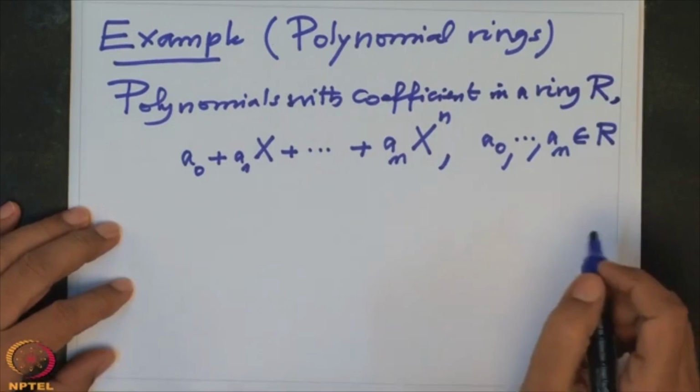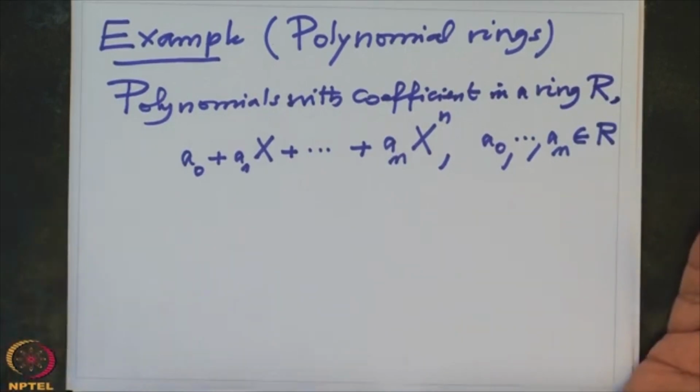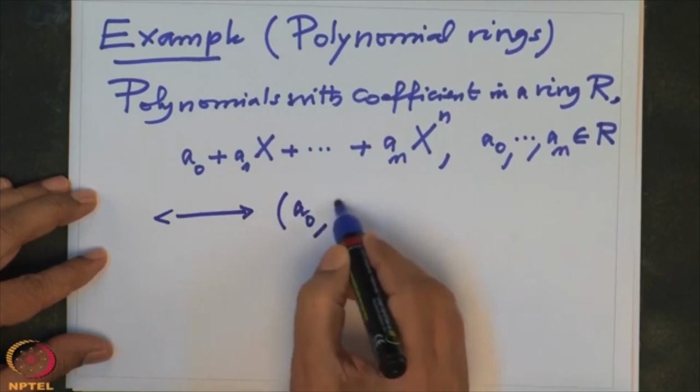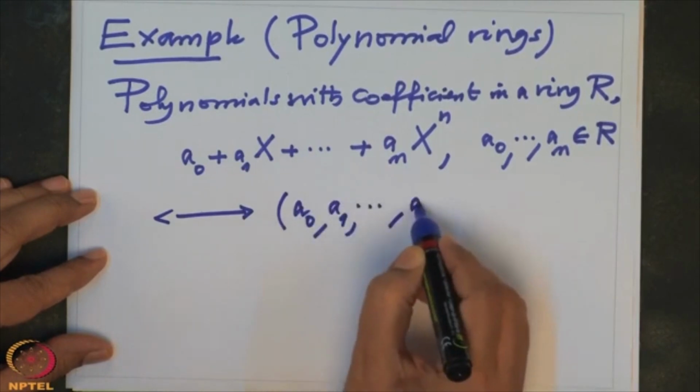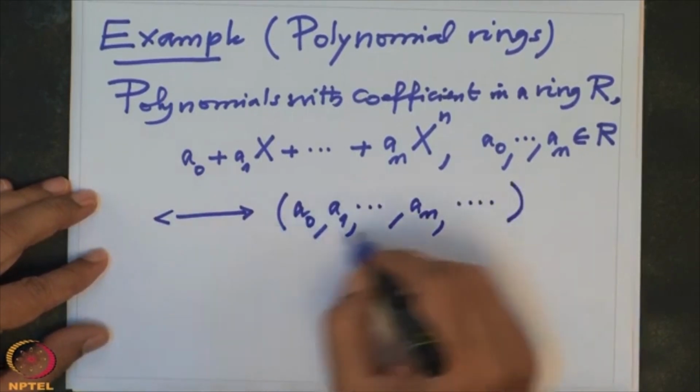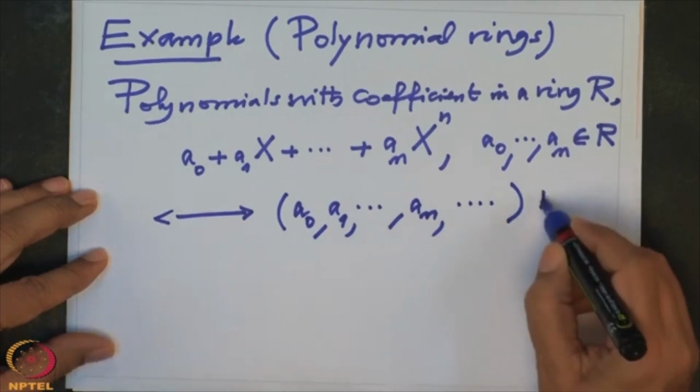It is an expression like this. Now one may ask, what does one mean by expression? One easy way to think about it is, if you know the coefficients, you know the polynomial, but you should know the coefficients and their positions. So which coefficient goes where? Instead of this expression, think about a tuple a0, a1, ..., an, and so on. It is not a finite tuple; actually one should say an N-tuple.